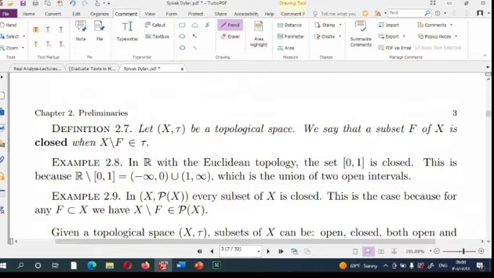We say that a subset F of X is closed when its complement is open, or its complement belongs to tau.